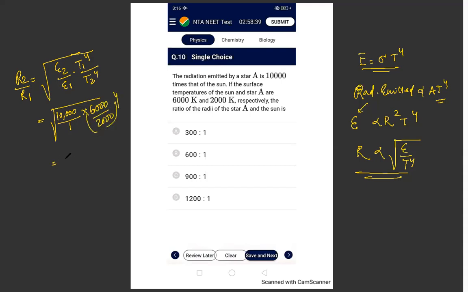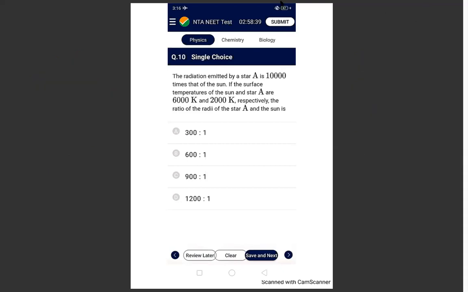If you solve all these things, we are going to get it as 900 is to 1. That's the answer, option C is the correct answer.